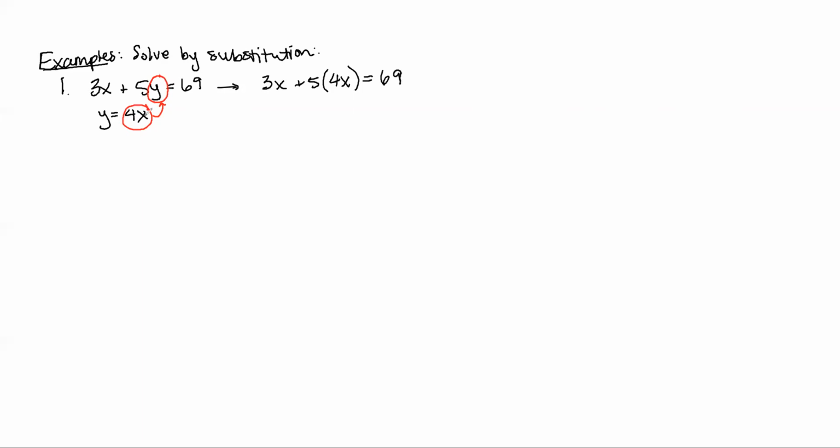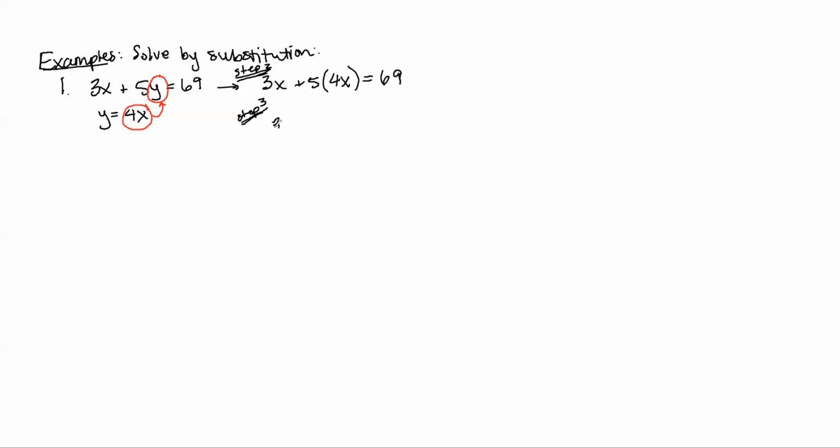And we're just ignoring this second equation now because we've combined them into one. Now let's go through and solve this one. So this was step 2. Step 1 was solving for y, which we didn't have to do. But now step 3 is solving.